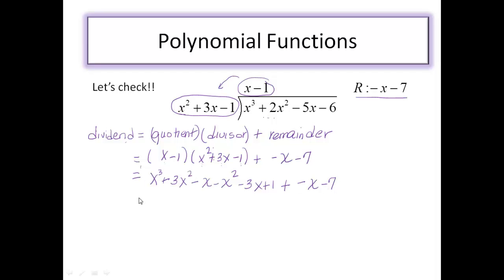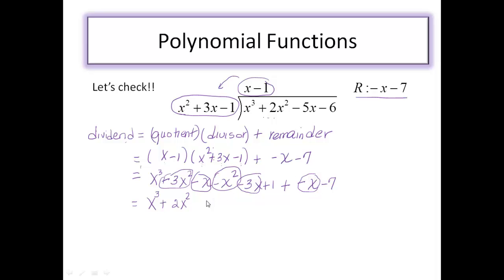Now I combine like terms. x cubed doesn't have any other like term in this expression to combine with. x squared does have a like term, so I will add plus 3x squared minus x squared, and that gives you 2x squared. My next term would be my x terms, so I have negative x minus 3x minus x.